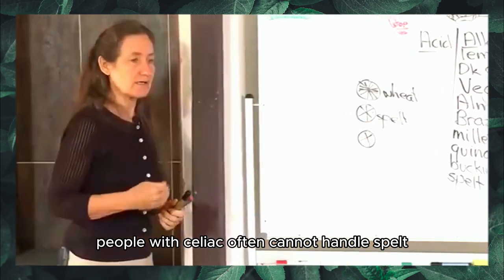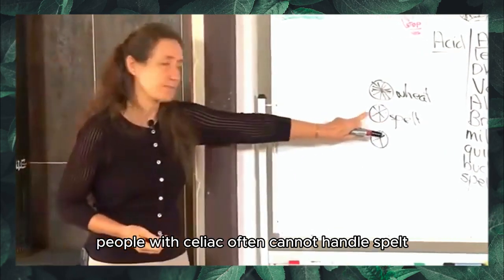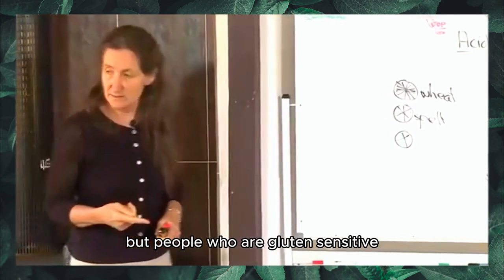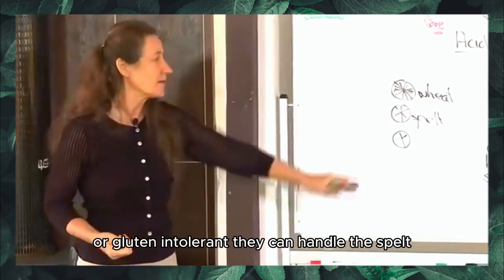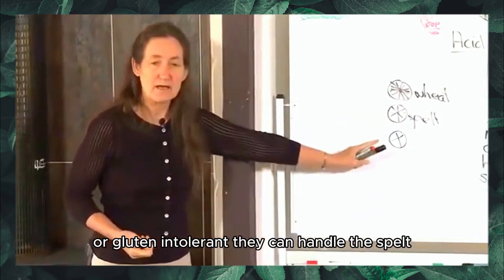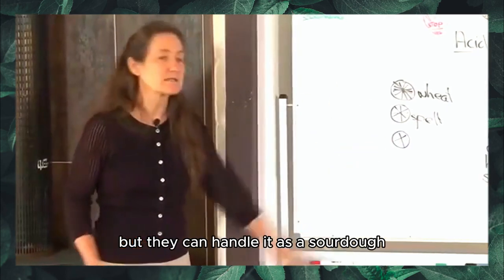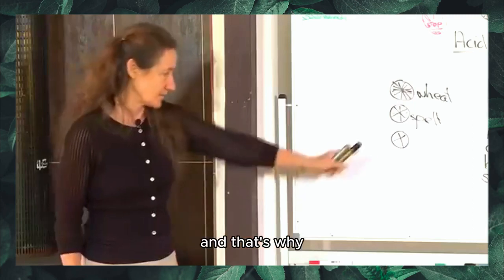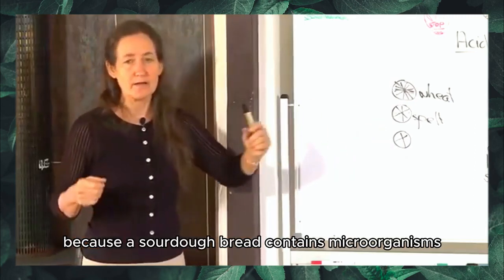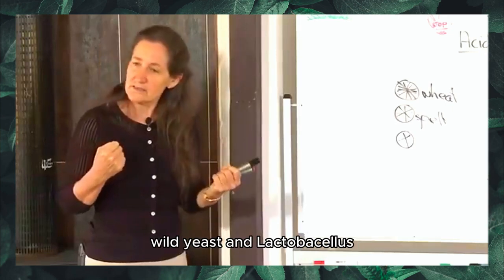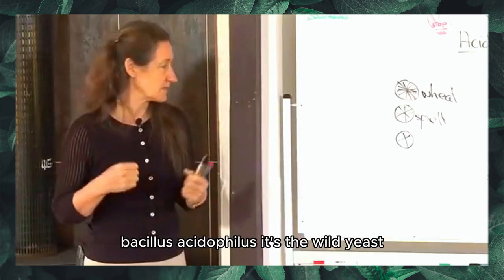People with celiac often cannot handle spelt or even spelt sourdough bread, but people who are gluten sensitive or gluten intolerant, they can handle the spelt. And some cannot handle the spelt, but they can handle it as a sourdough. And that's why, because a sourdough bread contains microorganisms, wild yeasts and Lactobacillus acidophilus.